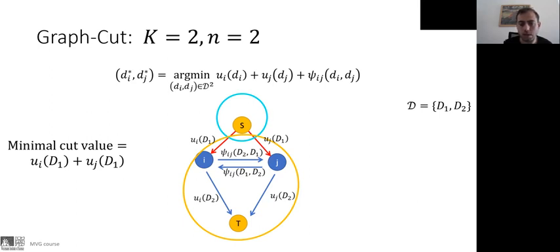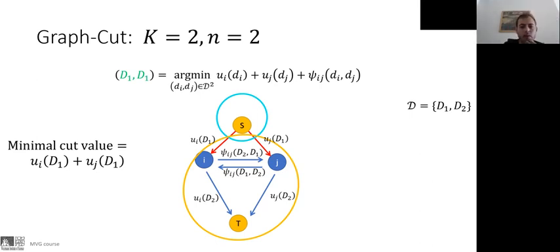Apparently D1 and D1 also. Both should be assigned D1? Yes, exactly, correct. Could you explain again the connection between the disparity values and the minimal cut in the graph?